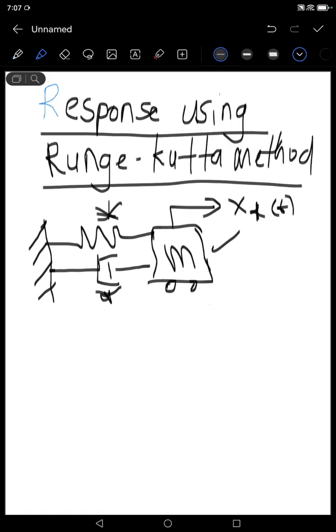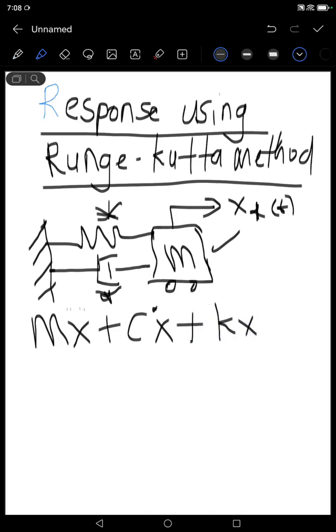So from that imagination, we'll have an equation like this: m x double dot plus c x dot plus k x, all equal to the force F(t).